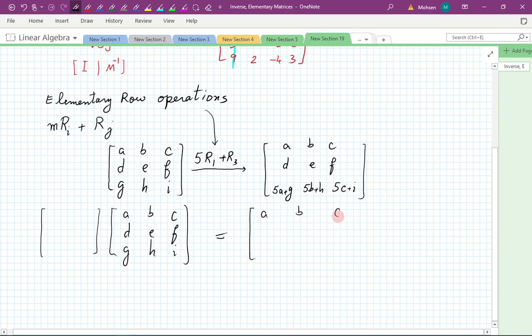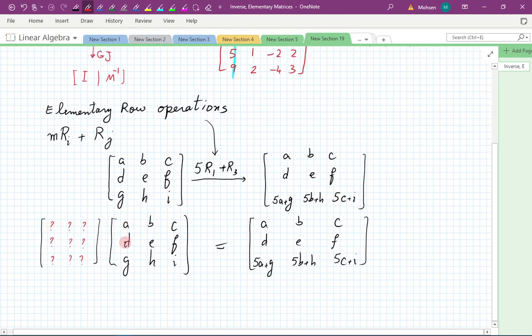So A, B, C, D, E, F, exactly what I wrote up there, 5A plus G, 5B plus H, 5C plus I. Okay, so your job is to find for me, in this case, 9 numbers such that when I multiply these numbers by that column, I get A, B, C, and then I take this second row, multiply by these, I get D, E, F, and third row, multiply by these, that's the only place that something is going to change.